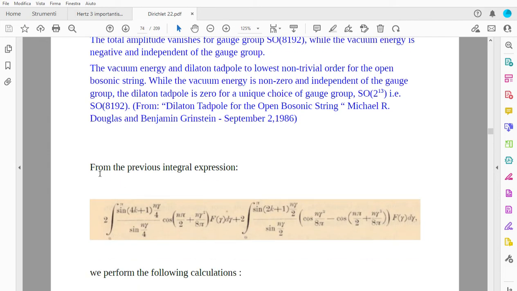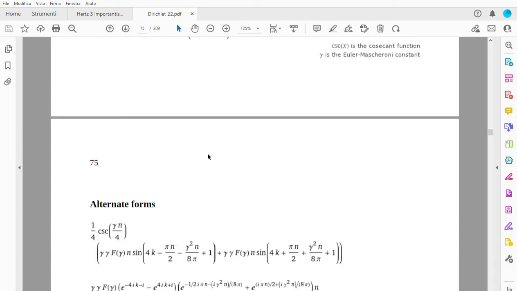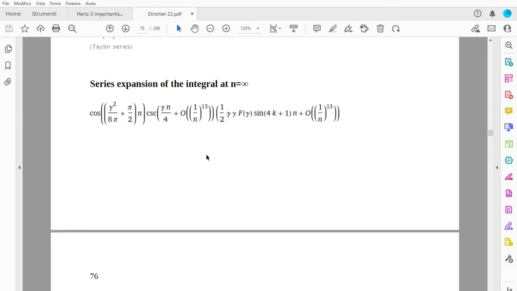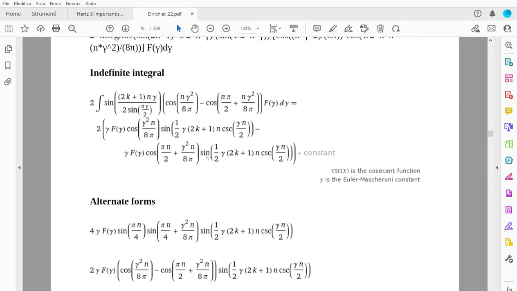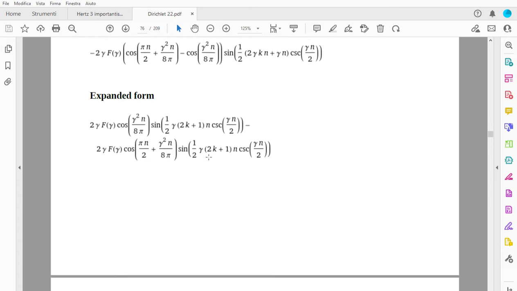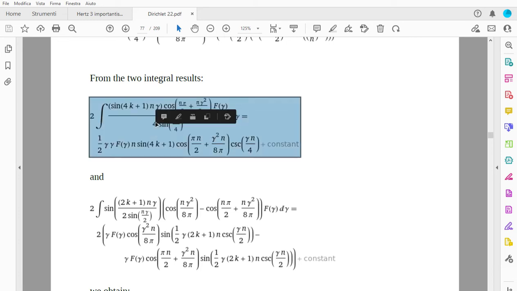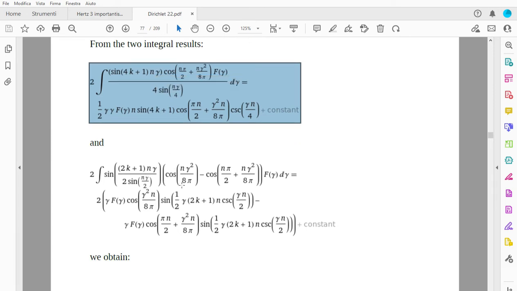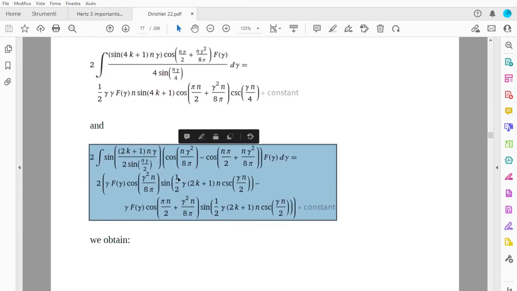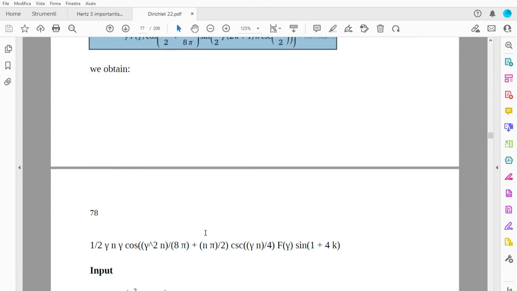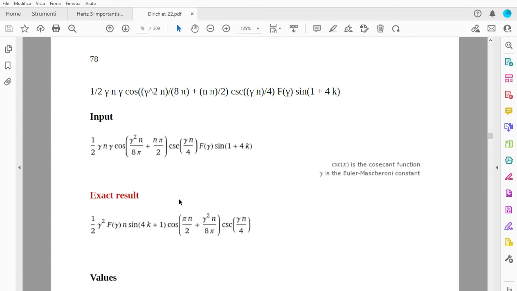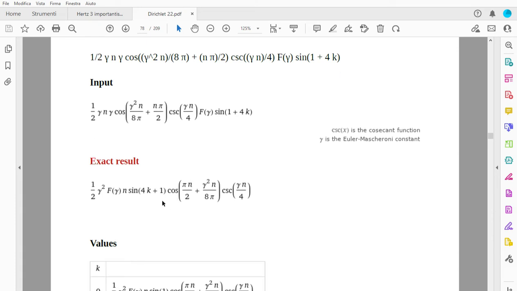Now we have performed another calculation of the previous integral expression. This is the development from the two integral results, the first and the second. We obtain this expression and this exact result.